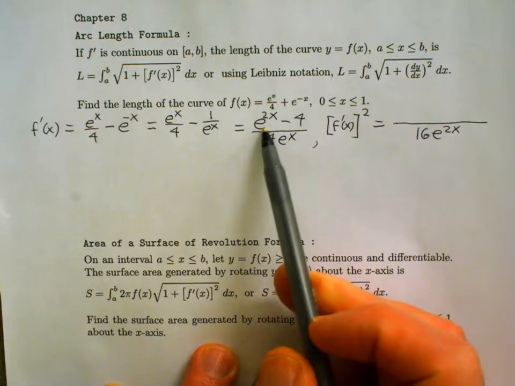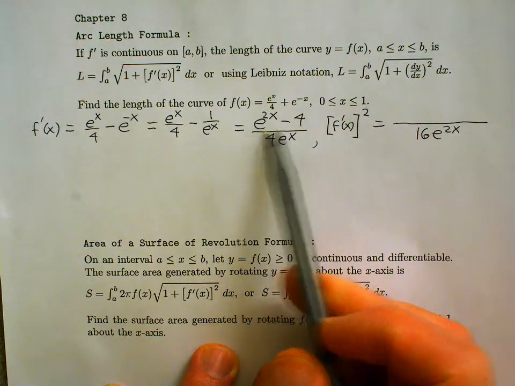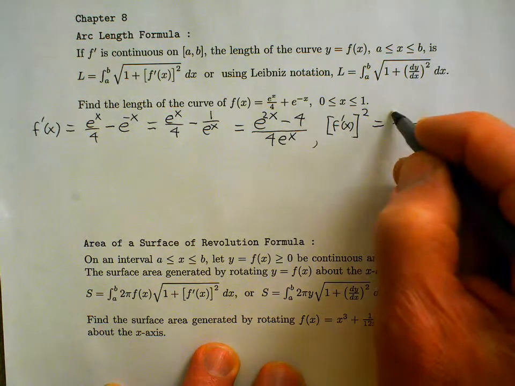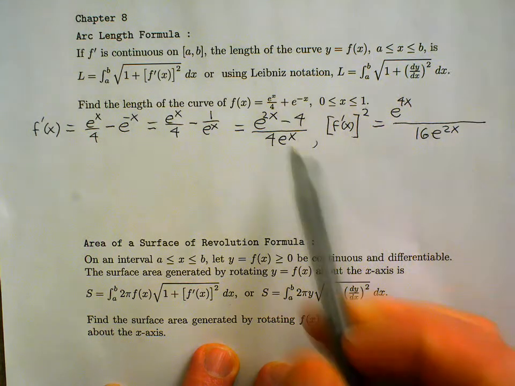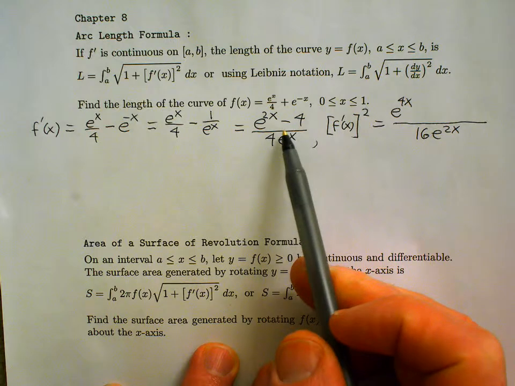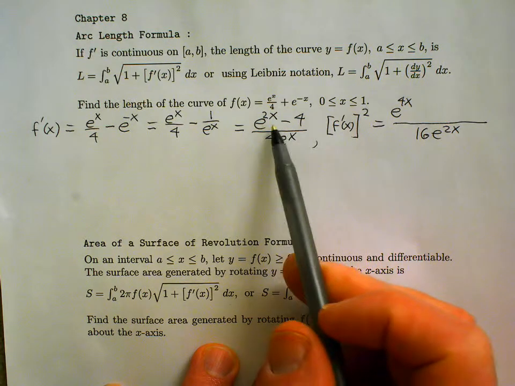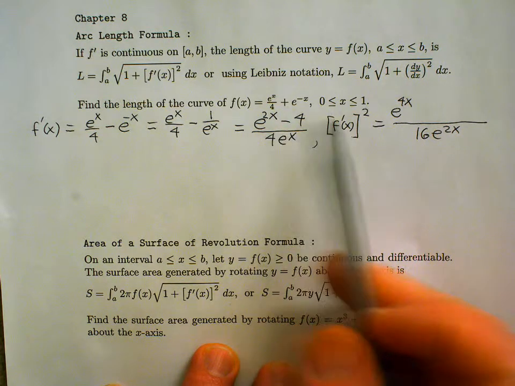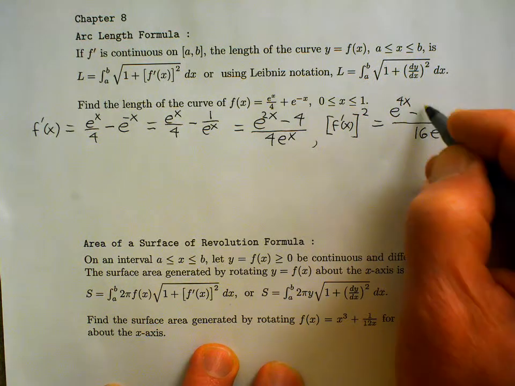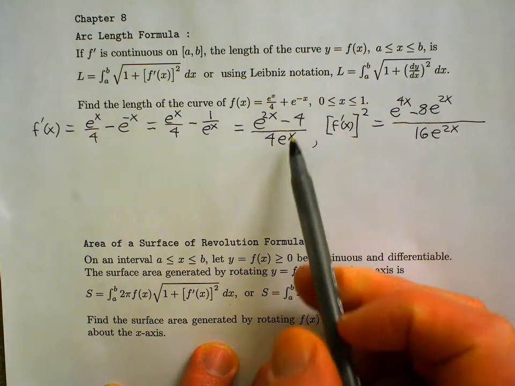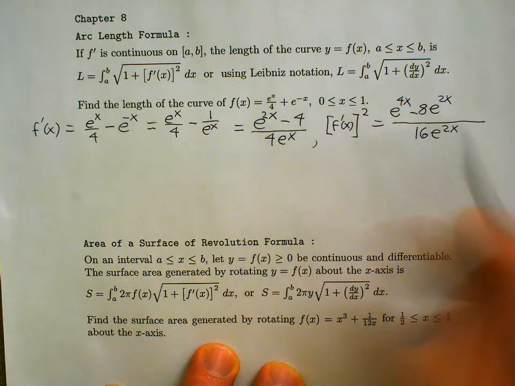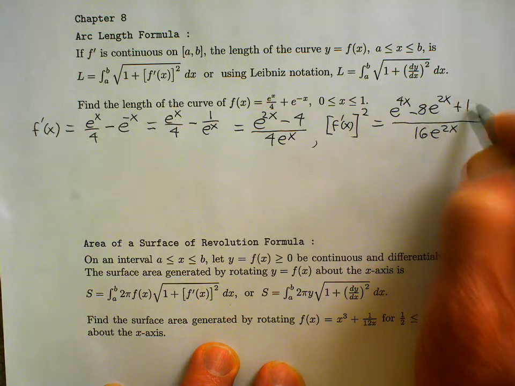And then in the numerator, we square e to the 2x minus 4. So we'll get e to the 4x, and then minus 4e to the 2x twice for a total of minus 8e to the 2x. And then finally, negative 4 times negative 4 is positive 16.